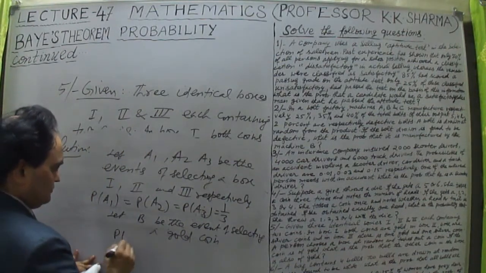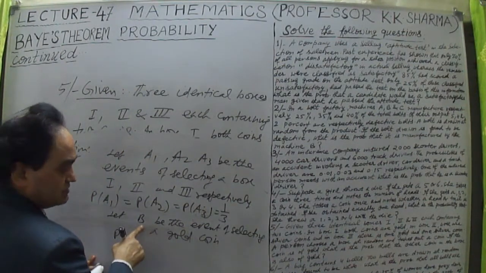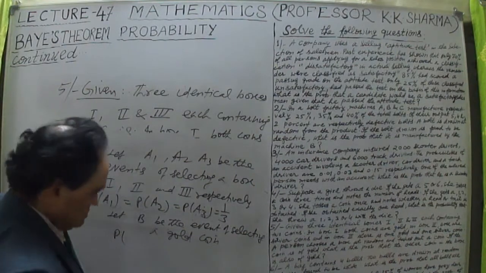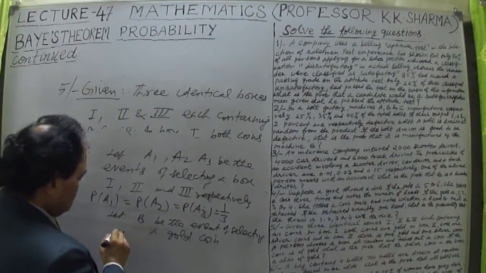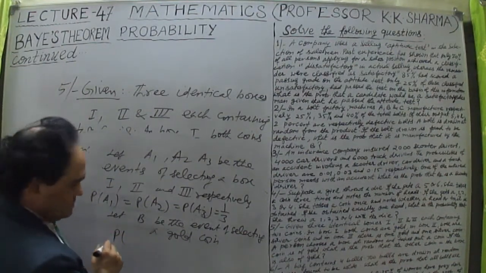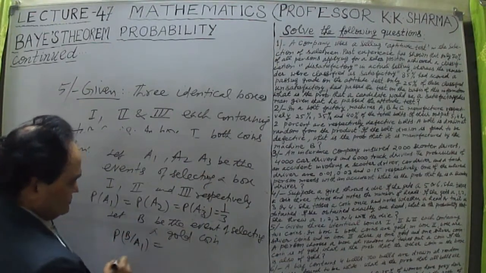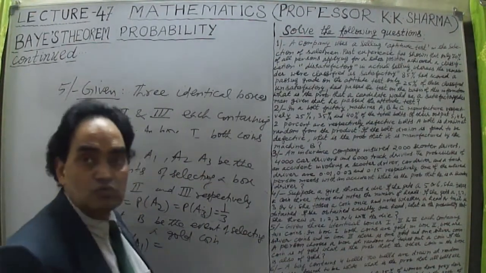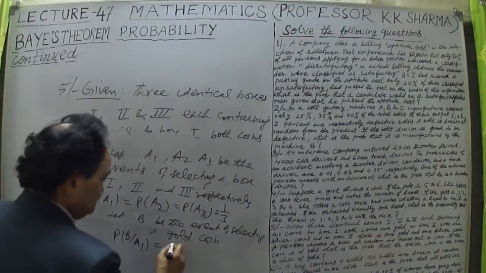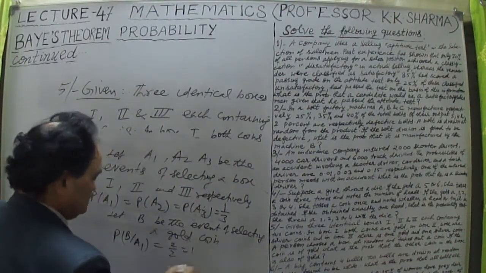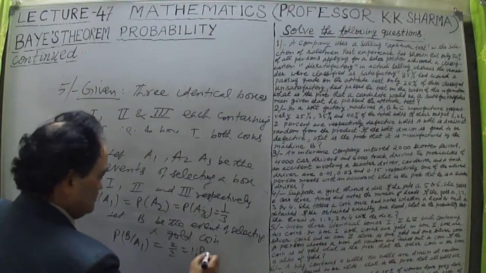Therefore, probability of B given A1, selected from the first box, is 2/2, which is 1.